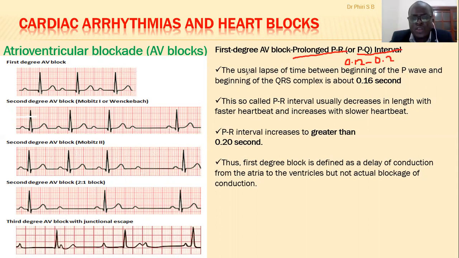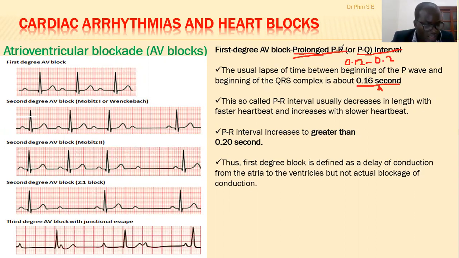So on average, the PQ interval should be within this normal range. The usual lapse of time between the beginning of the P wave and the beginning of the QRS complex should be 0.16. So this is the average. In first degree AV blocks, there is a prolonged PR interval.